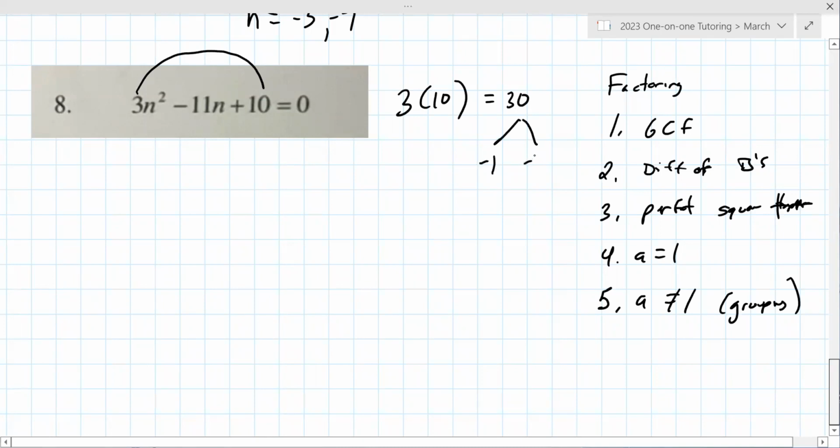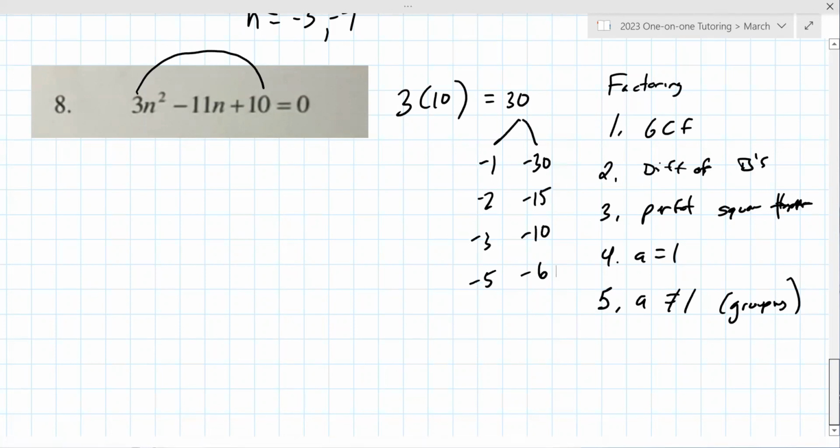So it's like -1 and -30, -2 and -15, -3 and -10, -5 and -6. You have to be really comfortable with going through this list. Now, do any of these add up to -11? -5 and -6. Yeah, so we got our winner there.